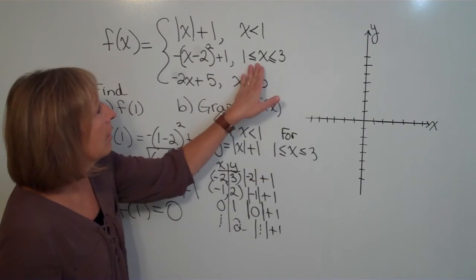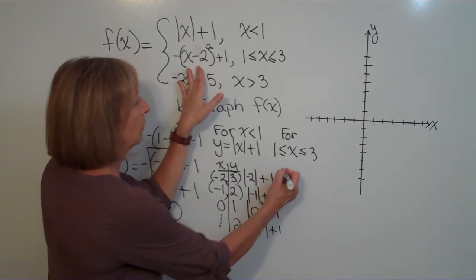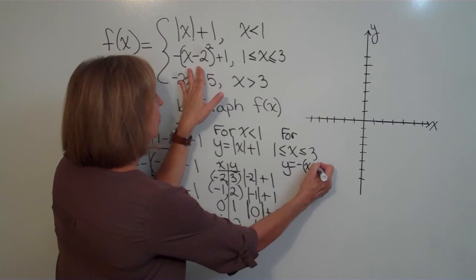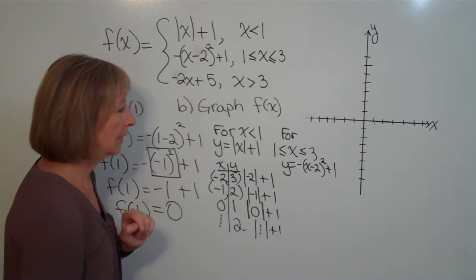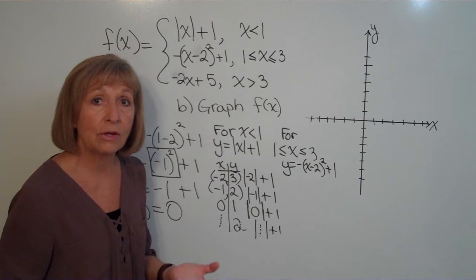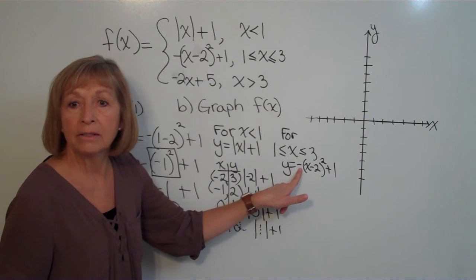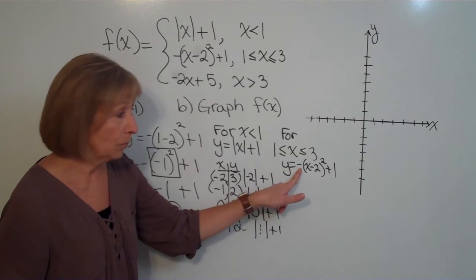Now for the x's that are from and including 1 to 3, my rule is y equals the negative of (x minus 2) squared, and then plus 1. And this would ultimately have a square on my x, so that would be a parabola. Its outside number is a negative, so it's going to be a parabola going down.